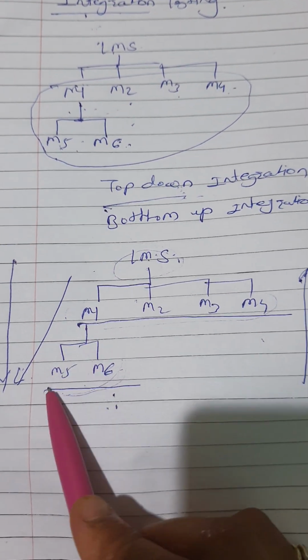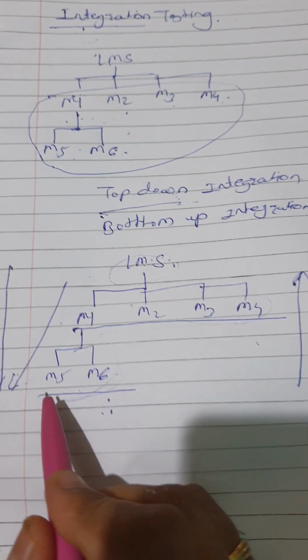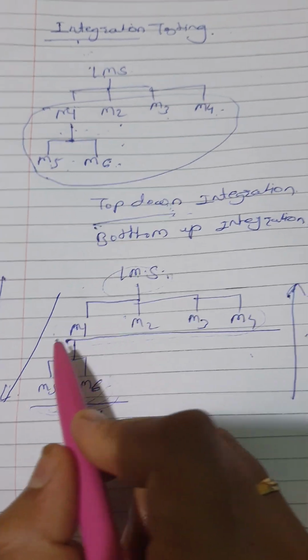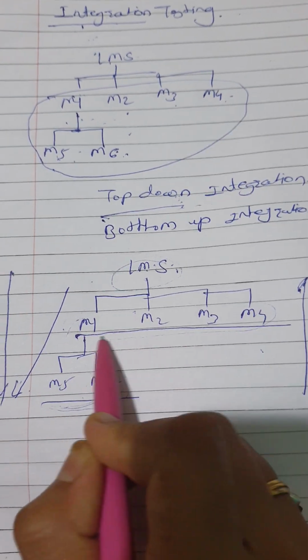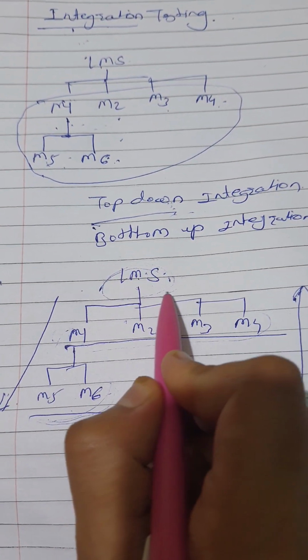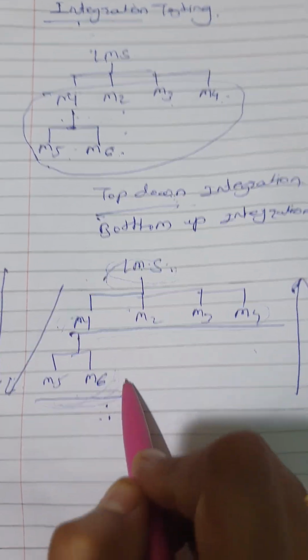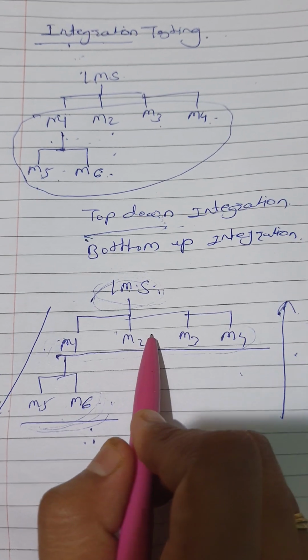This is called top down integration. And bottom up integration means first test these 2 modules together, then test these 4 modules together, then test the main system, the library management system. Such type of testing is called bottom up integration.